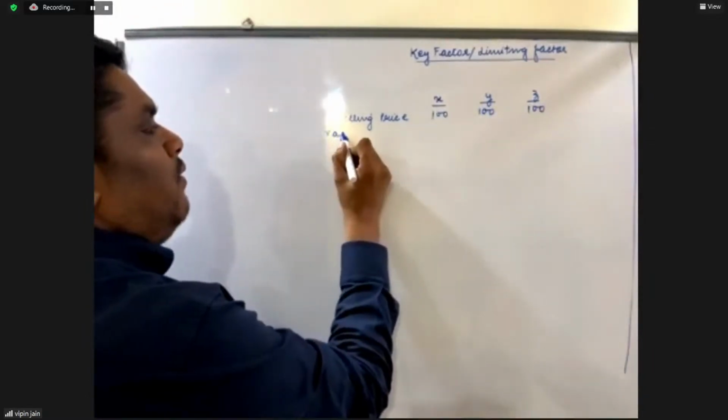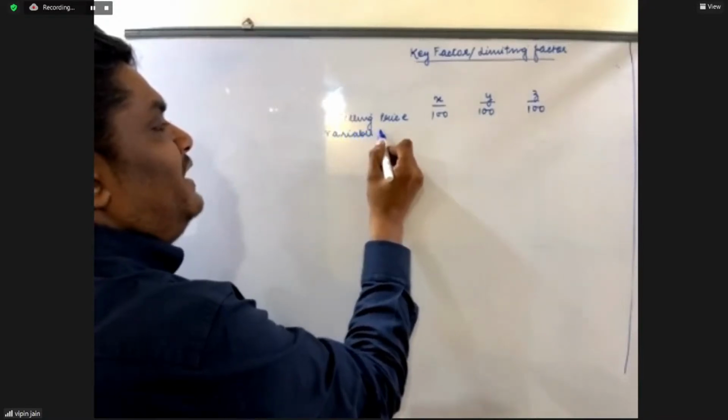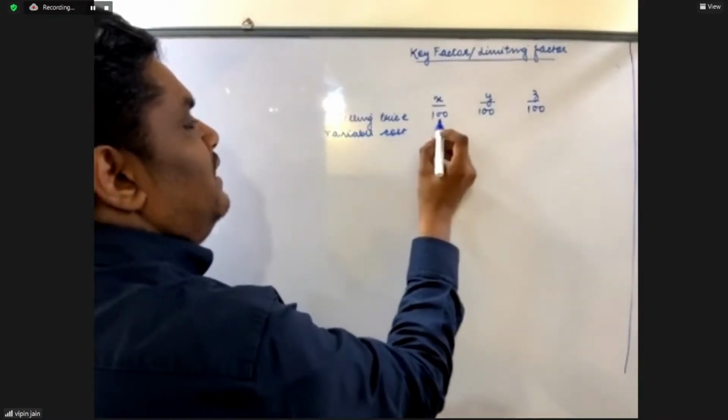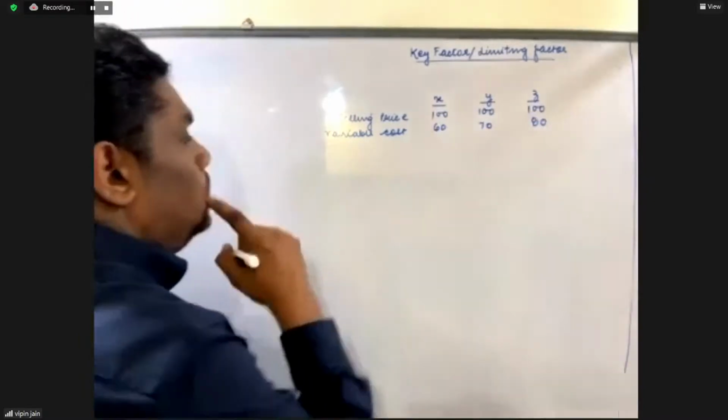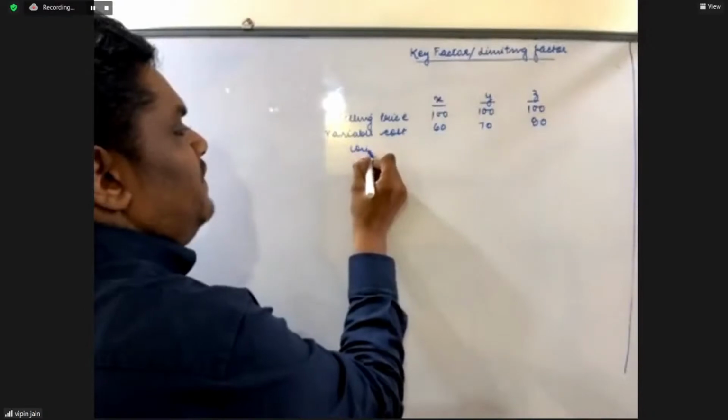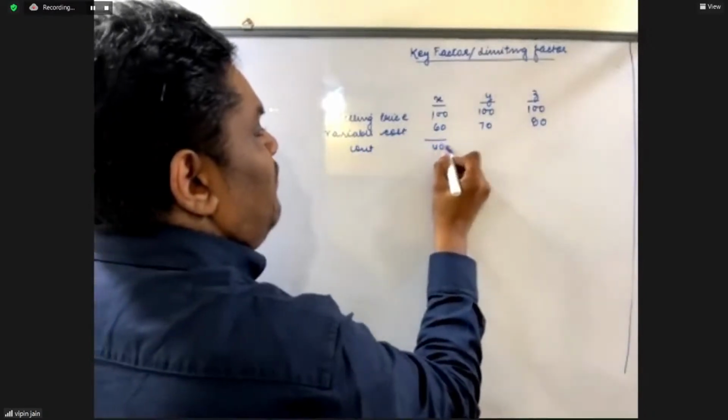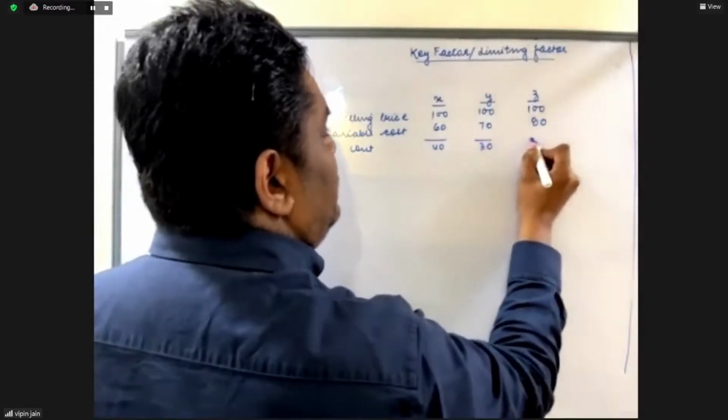Further, my variable cost is, let's say, 60, 70, and 80. So my contribution will be how much? 40, 30, and 20.